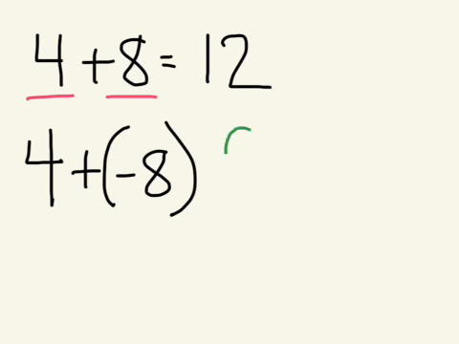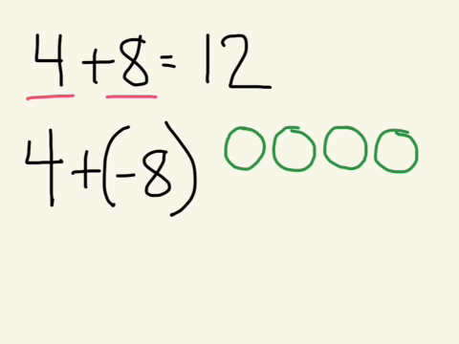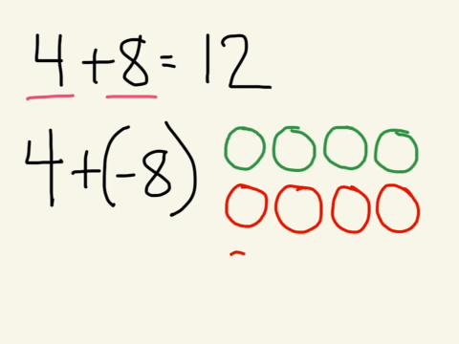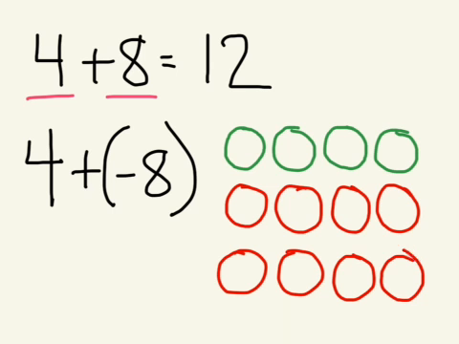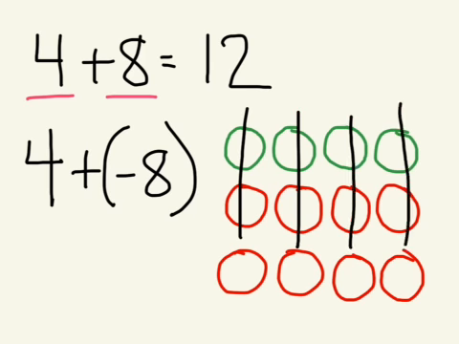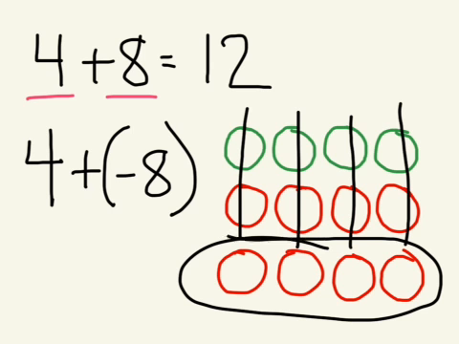So if I have 4 positive chips, and I have 8 negative chips, what I can do is cross off each positive chip with a negative chip. So if I cross off a negative and a positive, a negative and a positive, a negative and a positive, a negative and a positive, I'm left with these 4 negative.